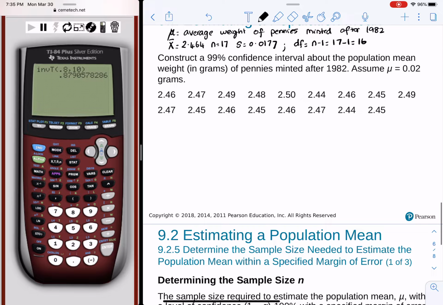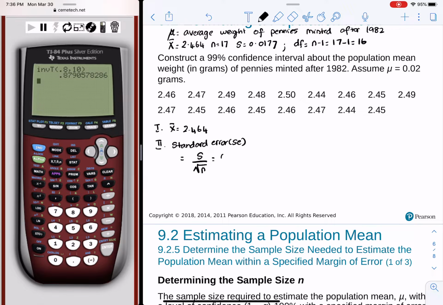So what is the process? The process is to find the point estimate, which we have. The second step is to find the standard error, which is SE. The standard error in this case is the standard deviation divided by the square root of n.